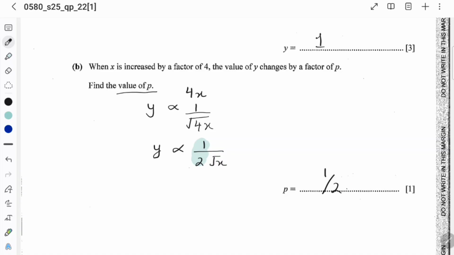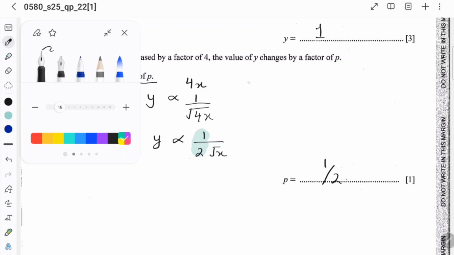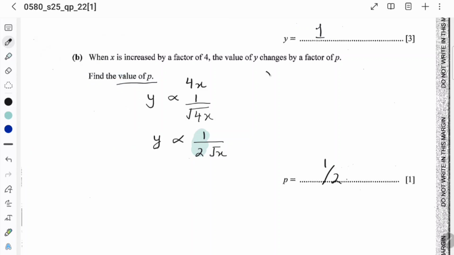So that's why p will be equals to 1 over 2 in this question, if the value of y changes by the factor of p. Like you can say that the constant is p there. So p will be equals to half. Or you can say that this time your x is 4x, if you compare it with the previous one, and y will be equals to p.